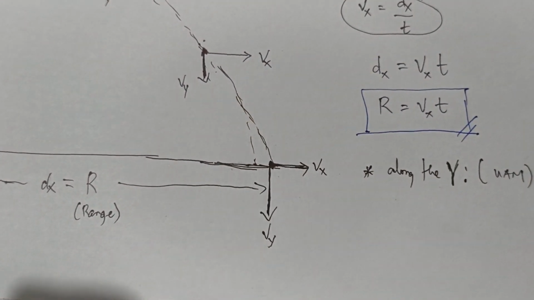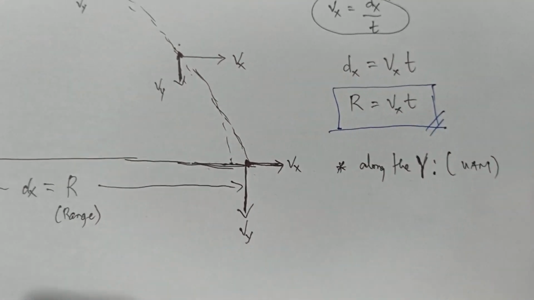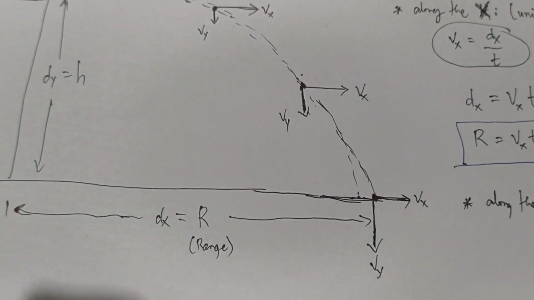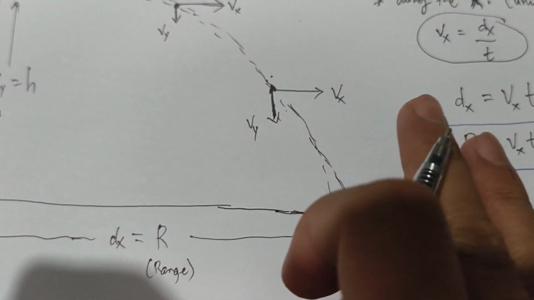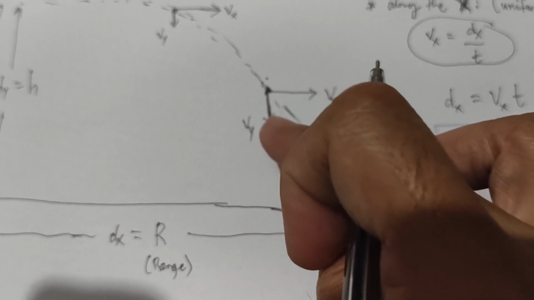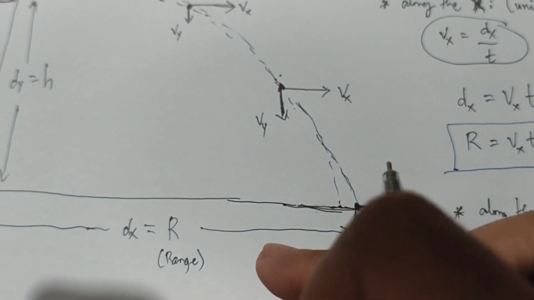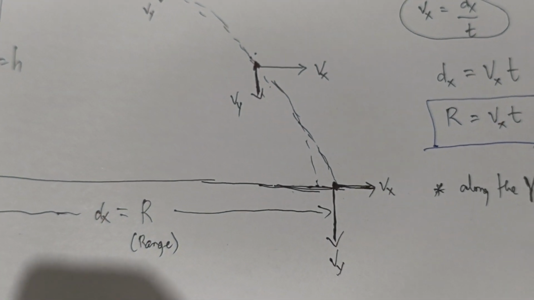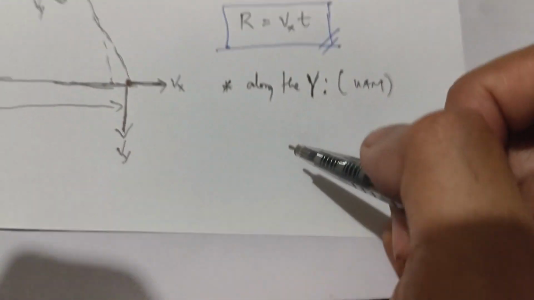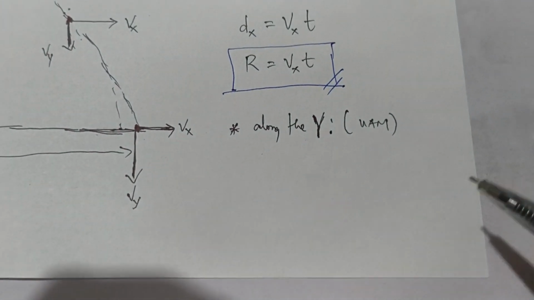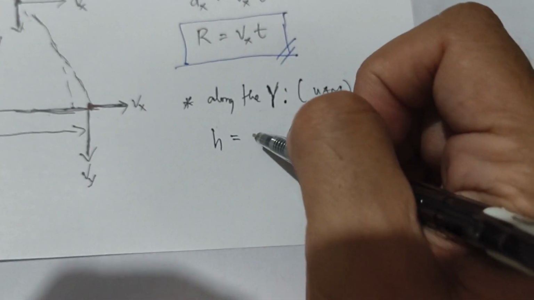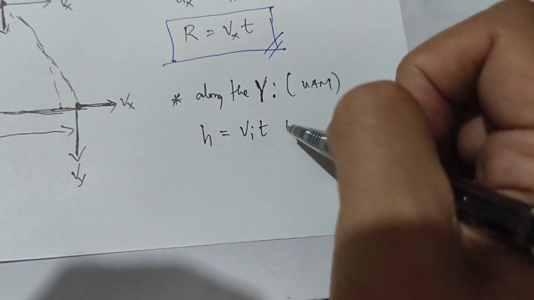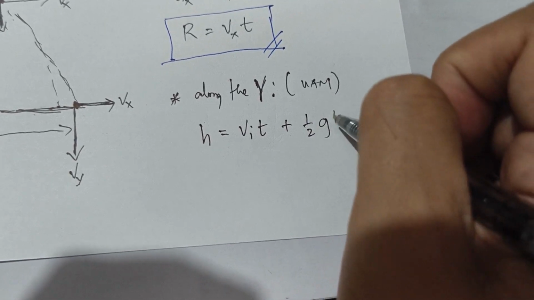Specifically, in this case, we have a free fall. So in other words, we are saying here that the ball is moving horizontally at a constant speed, and at the same time it is falling with constant acceleration vertically. So therefore, the formula for free fall applies. So h is equal to Vi t plus 1/2 g t squared.